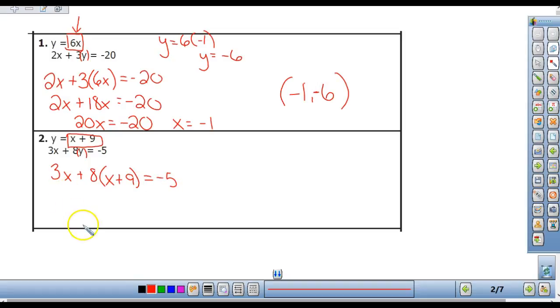negative 5. So now I have to go through and solve it. So 3x plus 8x plus 72 equals negative 5. So 3x plus 8x, 11x equals negative.